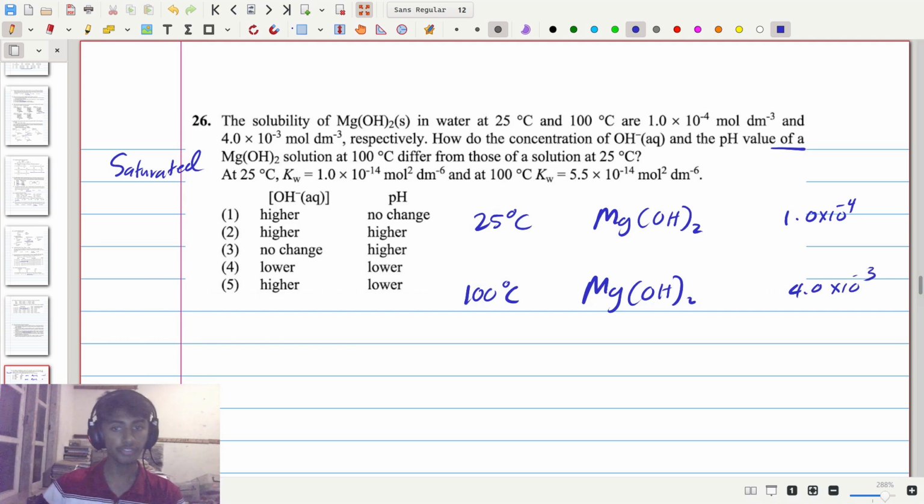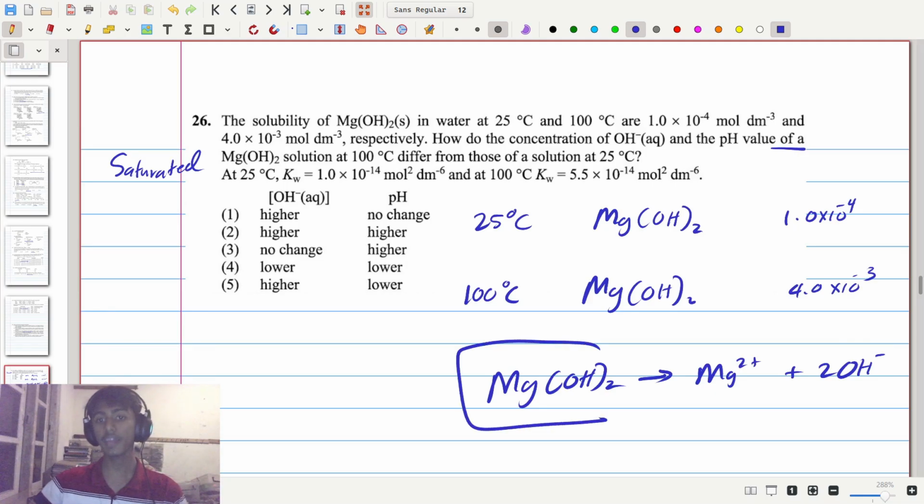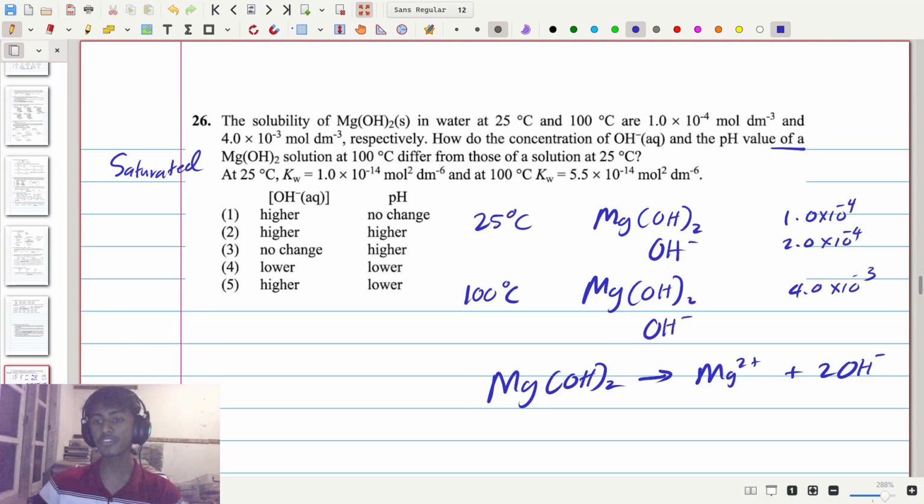Now according to this, since when magnesium hydroxide dissolves in water, it will dissociate as magnesium 2 plus and 2 OH minuses, the concentration of OH minus is equal to double the concentration of magnesium hydroxide, and therefore OH minus at 25 is equal to 2.0 times 10 to the minus 4 and OH minus at 100 Celsius is equal to 8.0 times 10 to the minus 3.